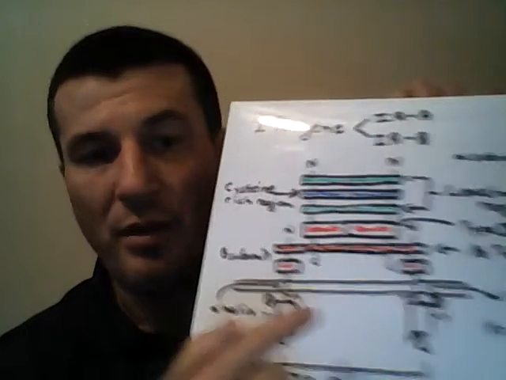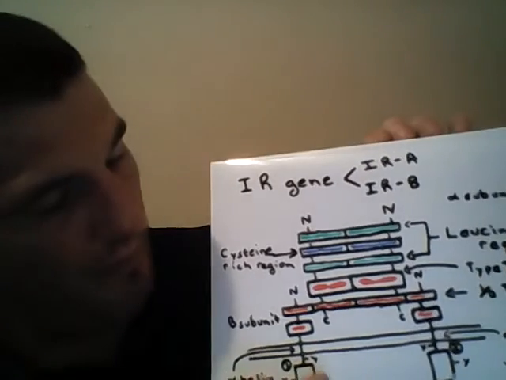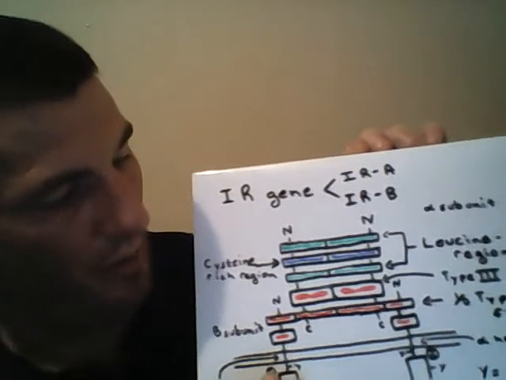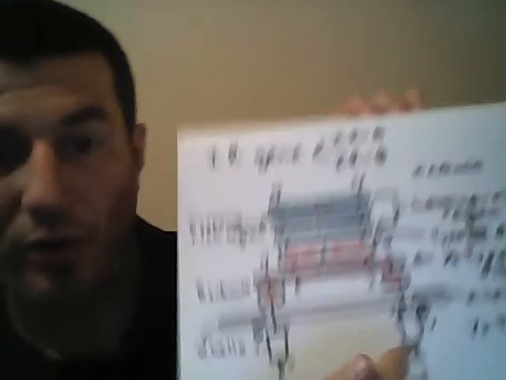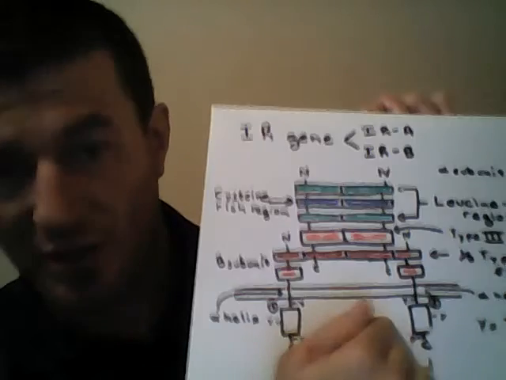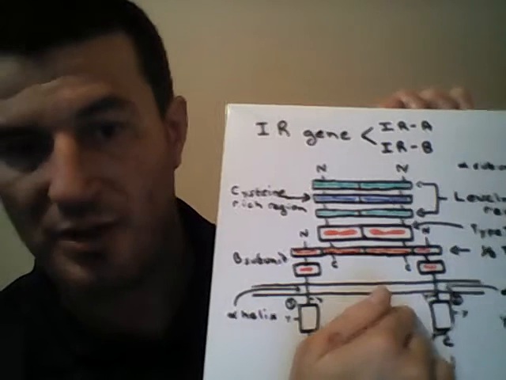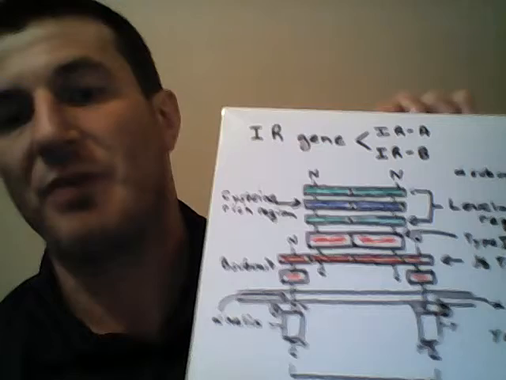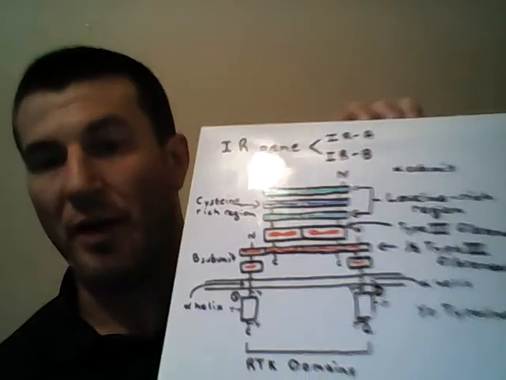Now here, again, it goes from the receptor tyrosine kinase domain of 1 over to the receptor tyrosine kinase domain of 2, and then 2 takes a phosphate back over to the receptor tyrosine kinase domain of 1.